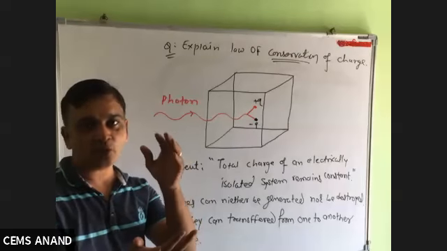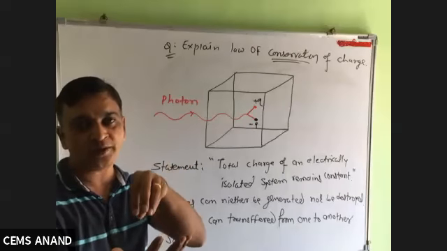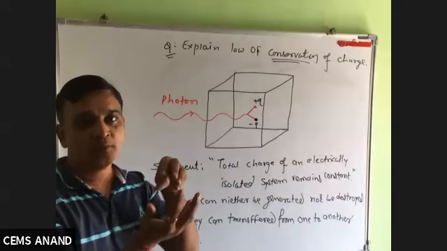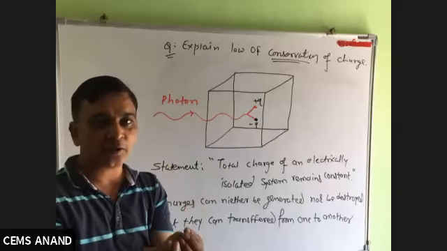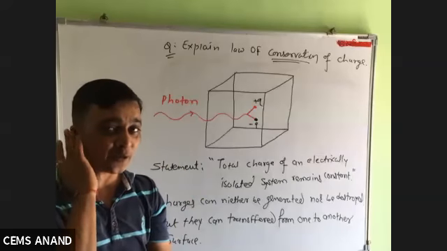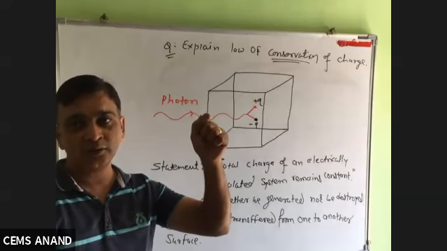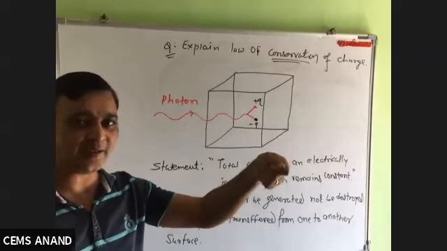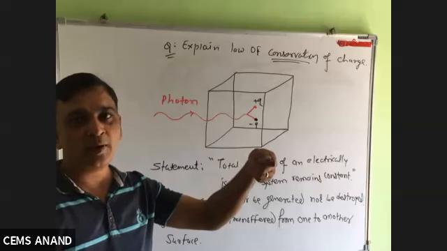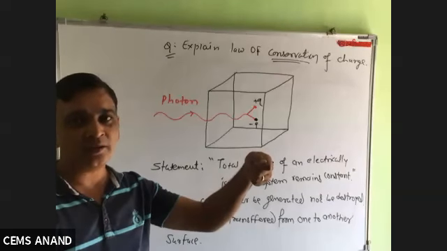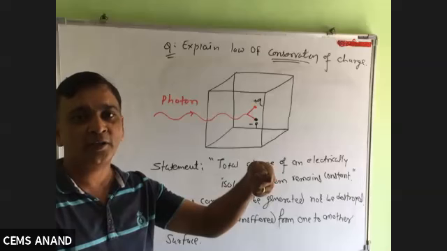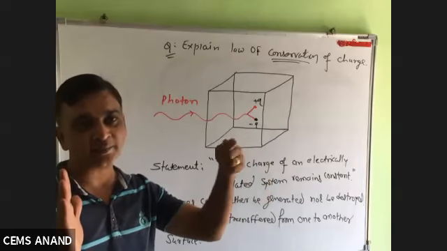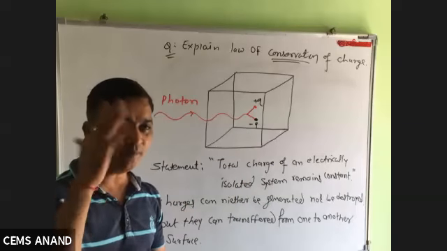So whatever amount of electrons transferred from that wool to the plastic rod, the same amount of positive charges also gets opened up on that surface. That's why the amount of charging obtained on the plastic rod, the same amount of charging is also obtained on that wool piece. As the plastic rod becomes negatively charged, the wool piece becomes positively charged.